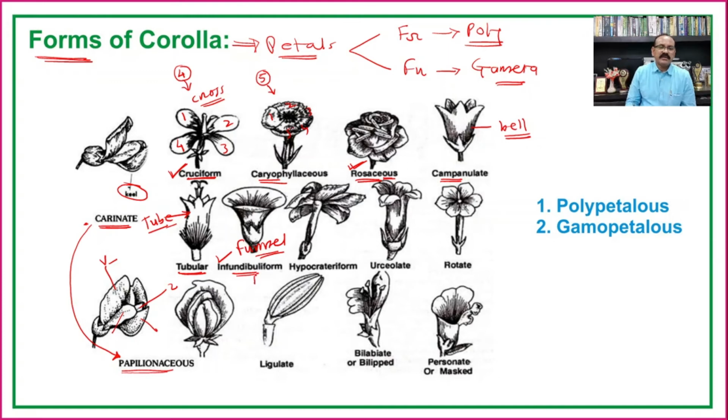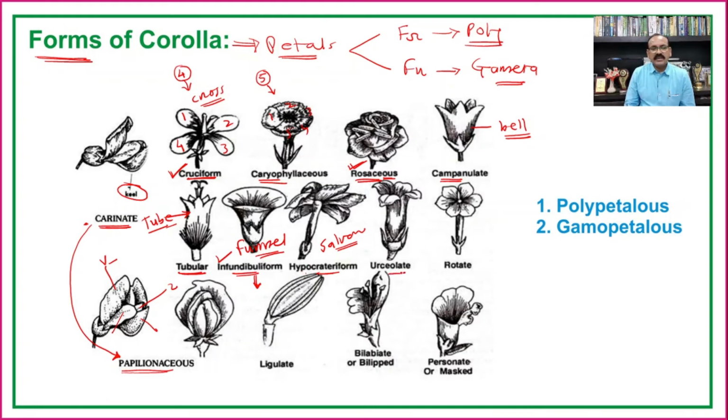The common example of this is Ipomea fistulosa. Then hypocrateriform corolla, which is known as salver shaped corolla, in which the corolla tube abruptly opens and spreads its lobes to the outside, and such a type of the corolla in which the corolla tube abruptly opens is known as hypocrateriform type of the corolla.